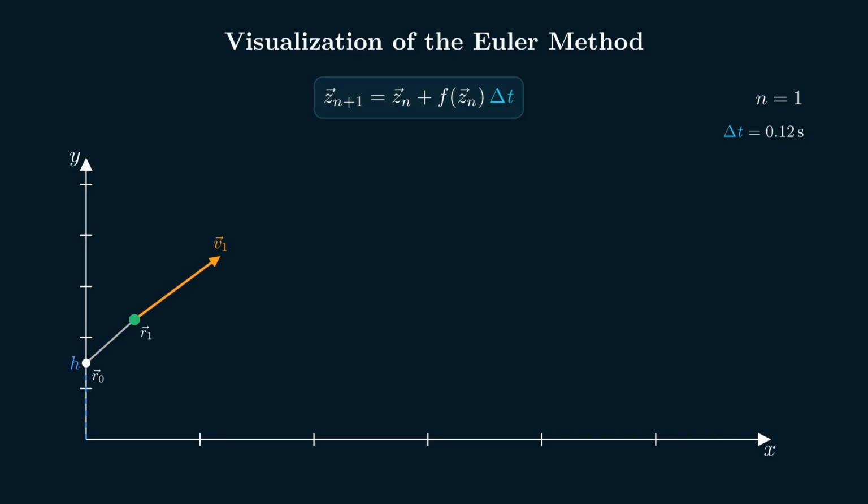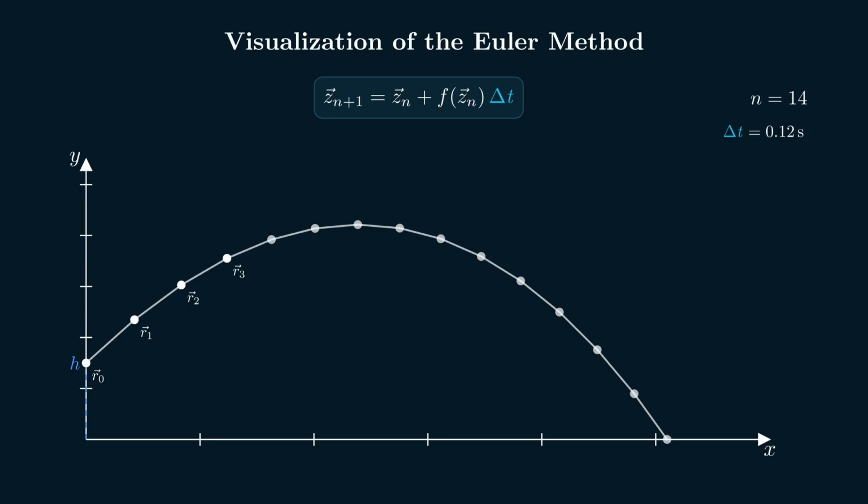We insert r1 and v1 into the algorithm and obtain r2 and v2. Then we insert r2 and v2 and obtain r3, and continue in this way until the projectile reaches the ground. Because the projectile will usually cross the ground between two time steps, we interpolate between the last point above the ground and the first point below it to estimate the impact point.